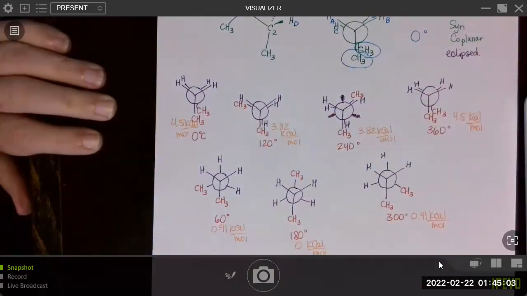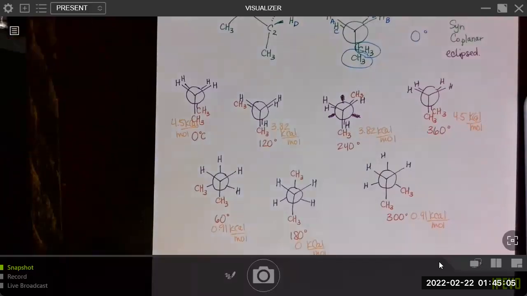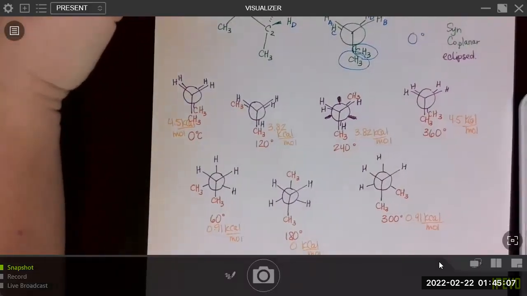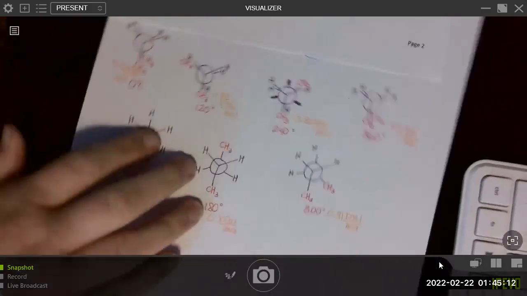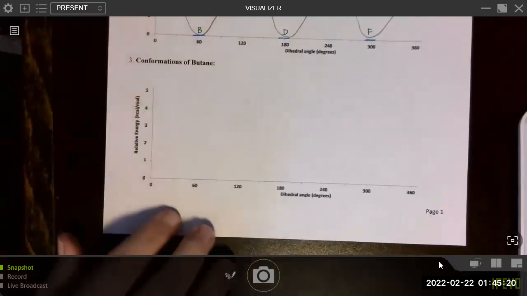So that should give us a good idea of how to put in energy levels on our graph here. It'll be hard to see everything all together. That's okay. Just focus on the graph for now.